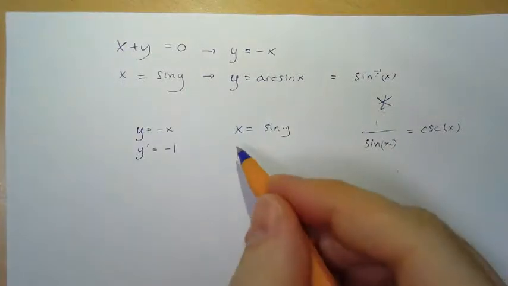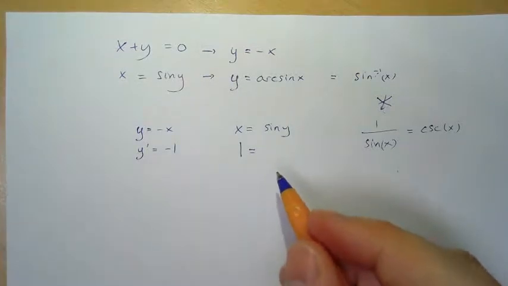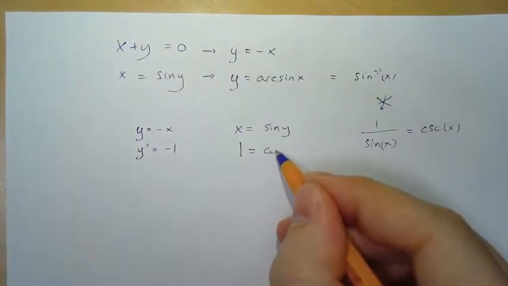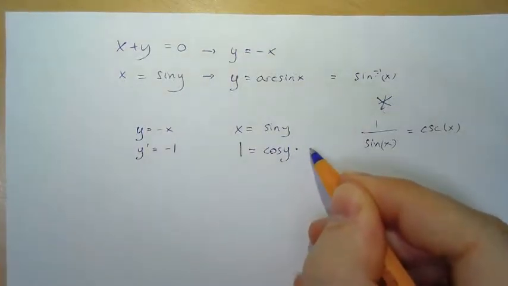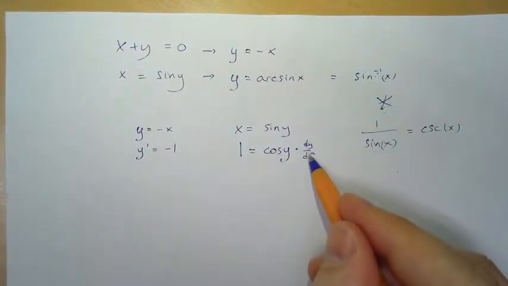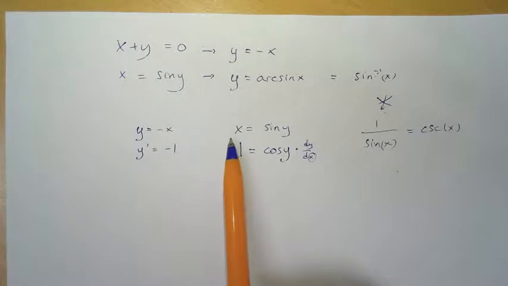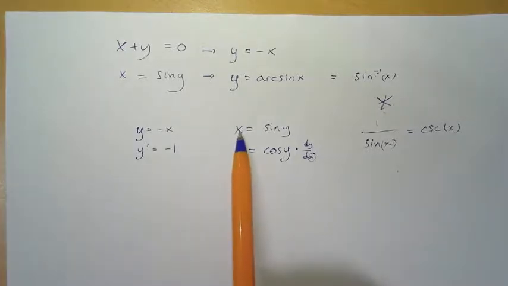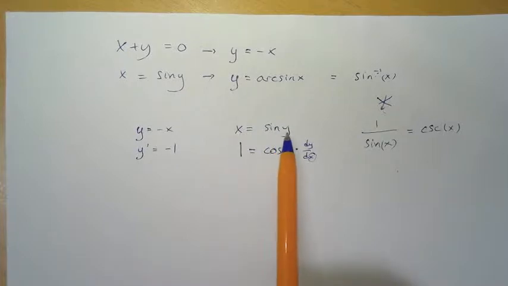The derivative of x is 1, the derivative of sine y is cosine y times dy dx, because we are differentiating in terms of x. So when I'm differentiating in terms of x, I don't need to add times dx dx, but when the variable is different, y, then I need to multiply by dy dx.